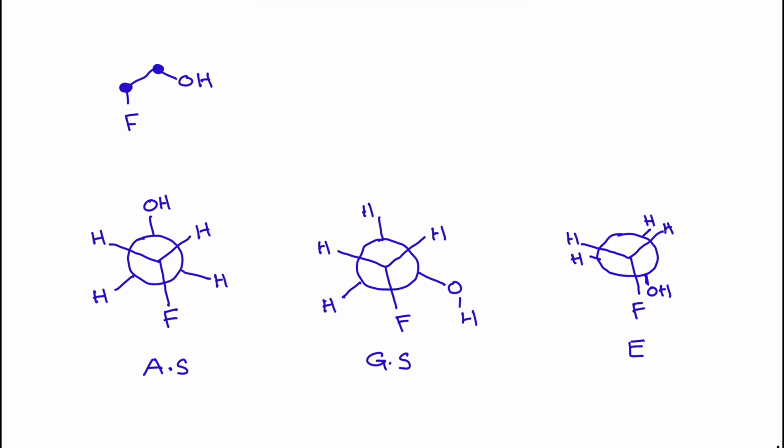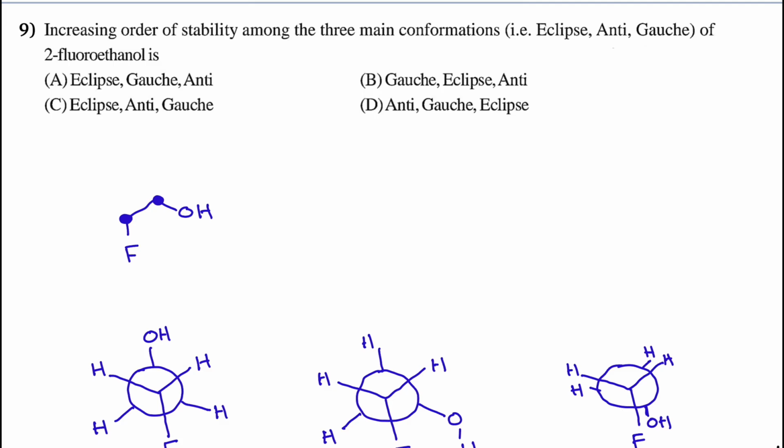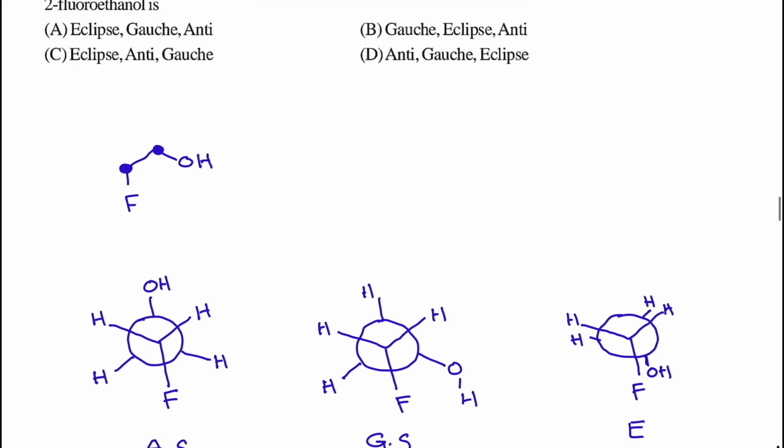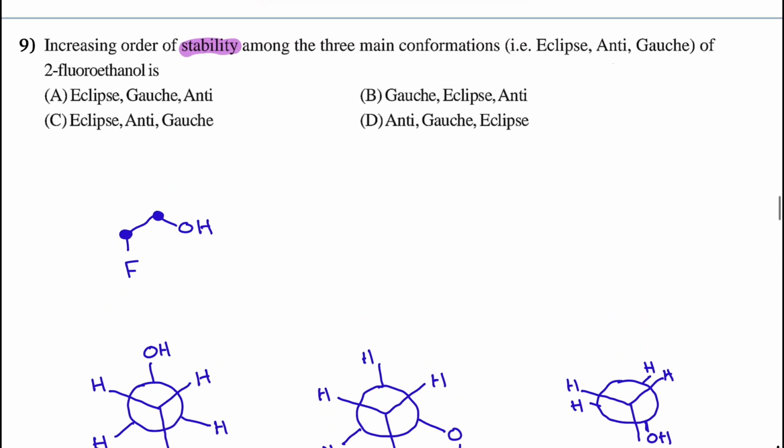Anything eclipsed is unstable. Anything staggered is more stable. Here the question is about stability, and most importantly eclipsed is least stable. But in case of gauche staggered, there is intramolecular hydrogen bonding. Due to intramolecular hydrogen bonding, gauche staggered is more stable. But one more important point, he is asking increasing order of stability.